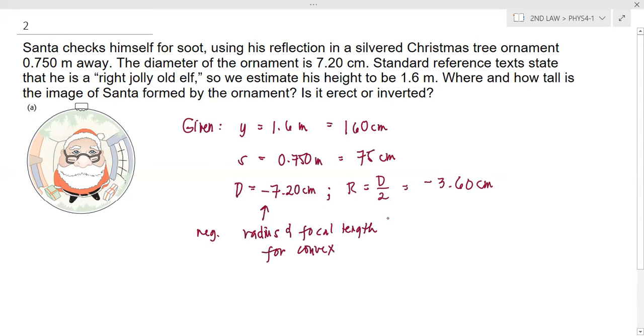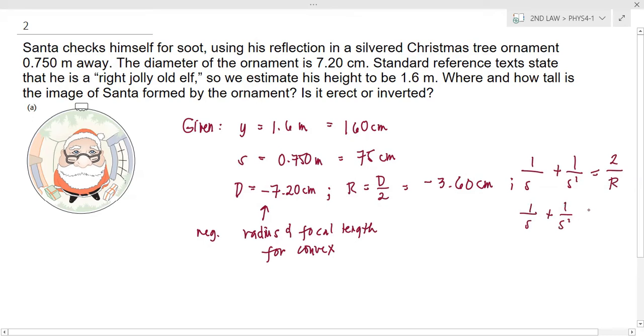Now, we need the radius or the focal length in order for us to solve for our image height. In this case, we will use the focal length. You can still use the equation 1 over s plus 1 over s prime equal to 2 over r, or you can use 1 over s plus 1 over s prime equal to 1 over focal length.